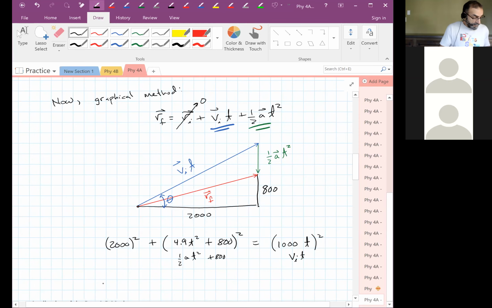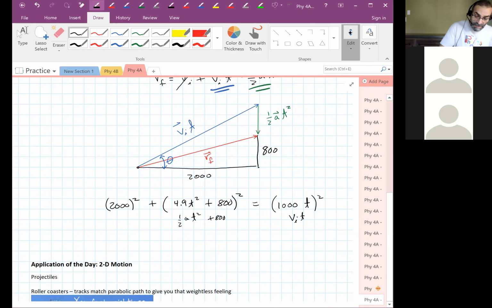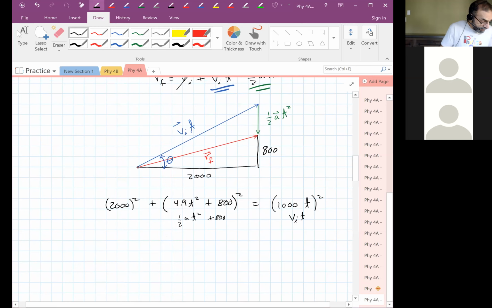Okay. So if you do this and you work it out, you get a very simple quadratic equation. I got this as my equation.